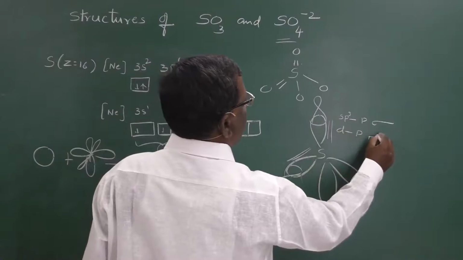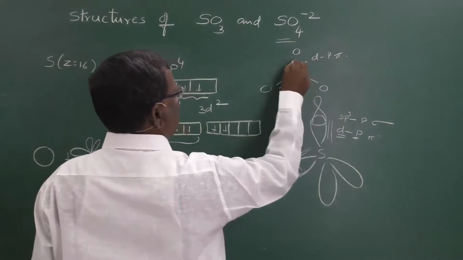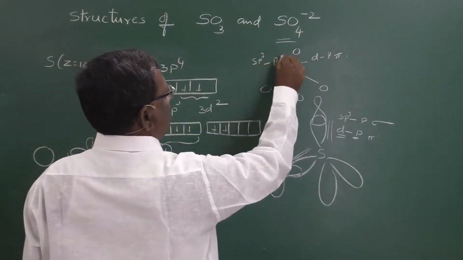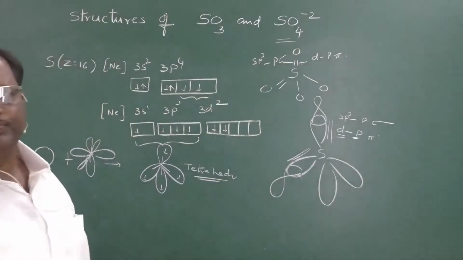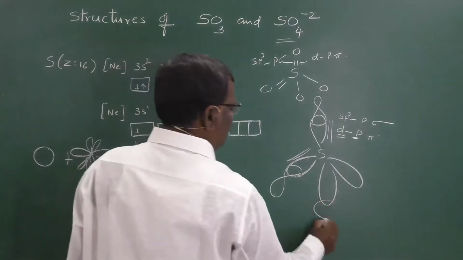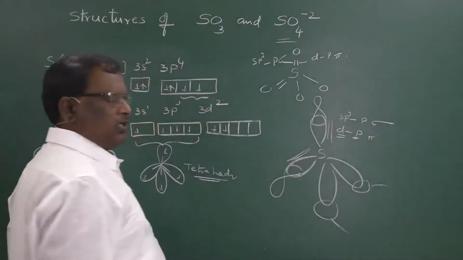So this is the d dash p pi bond, this is the sp3 dash p sigma bond, and the other 2 oxygen atoms are bonded with a single bond and connected with hydrogen atoms.